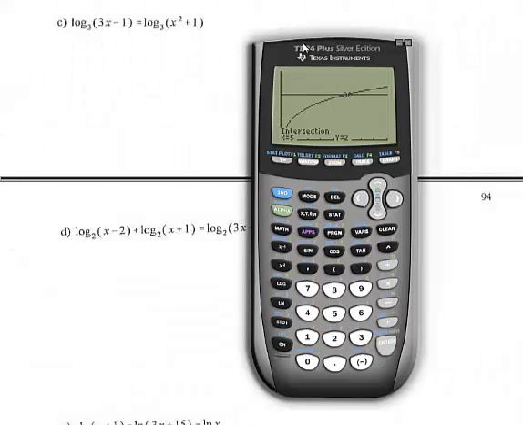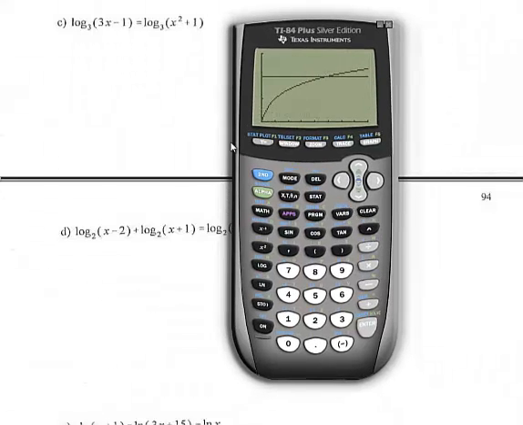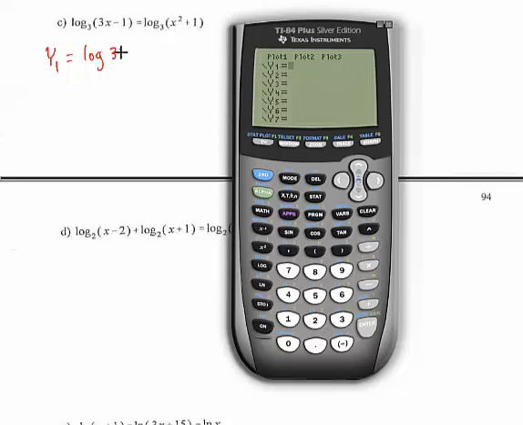If we look at it graphically, and we graph the left hand side on one line, y1 equals log of 3x minus 1 divided by log of 3, and then on the second line, the right hand side of the equation, we graph log of x squared plus 1 divided by log of 3.